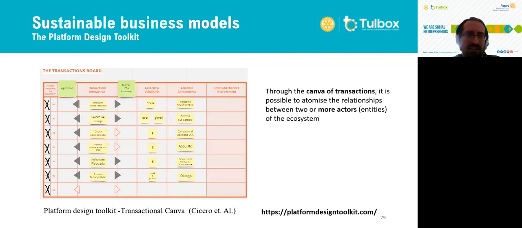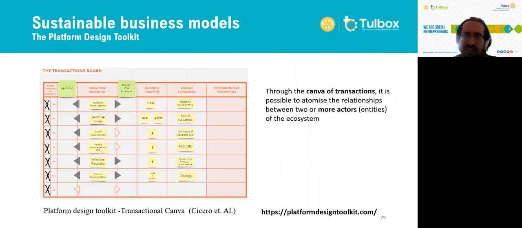As well, this is another very interesting canvas that is available in the Platform Design Toolkit, that is a transactional canvas. It actually atomizes each transaction between the different actors.